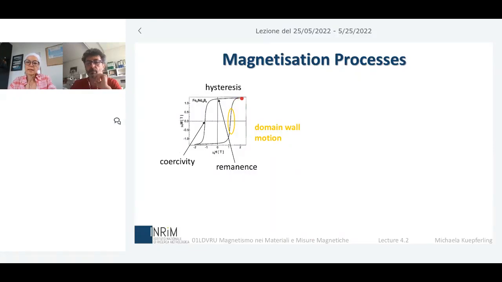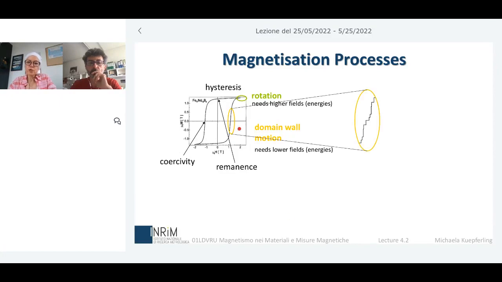In this area, the hysteresis curve becomes very flat, and here is where magnetization rotation dominates, because to rotate the magnetization out of an easy axis, for example, is rather difficult and needs high magnetic fields.